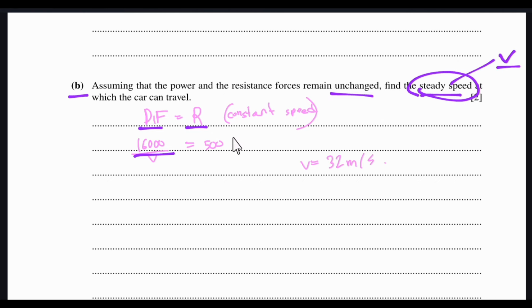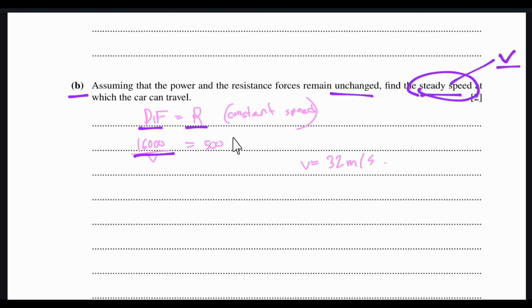Part C. The car comes to the bottom of a straight hill of length 316 meter, inclined at an angle to the horizontal of sine inverse of 1 by 60 degree. The power remains constant at 16 kilowatt, so we know the value of power, but the magnitude of resistive force is no longer constant. So the resistive force now varies and changes such that the work done against resistance in ascending the hill is this much.